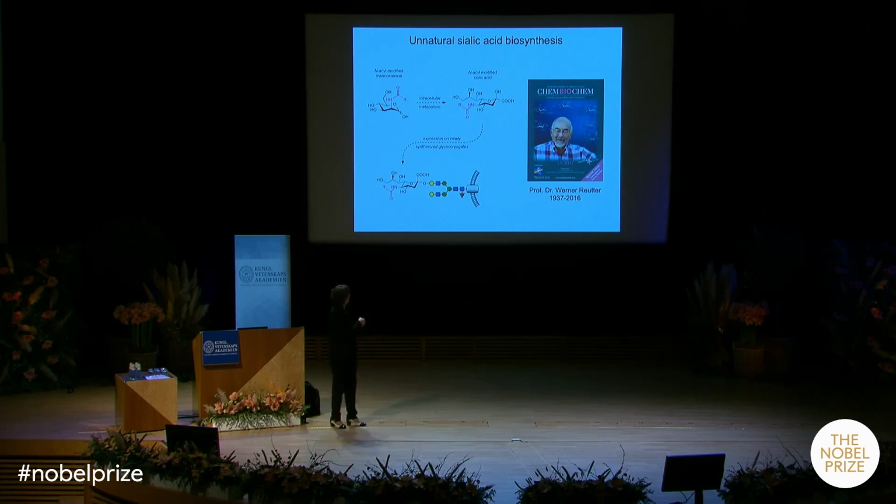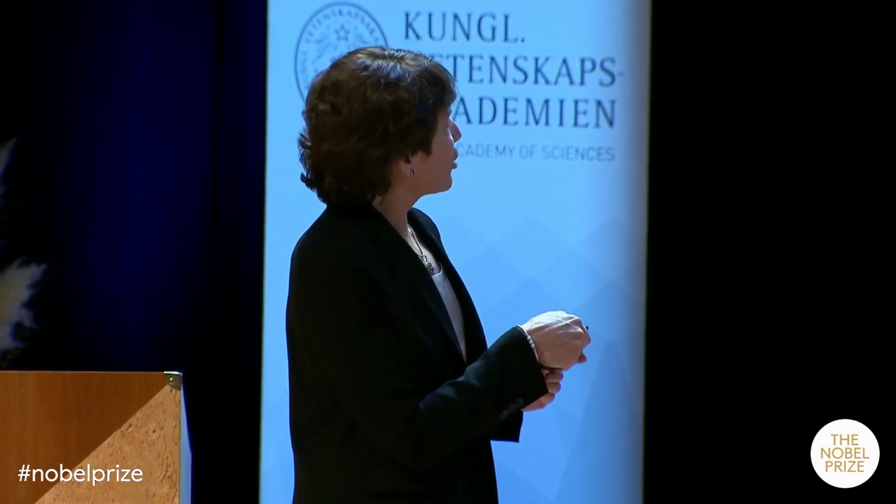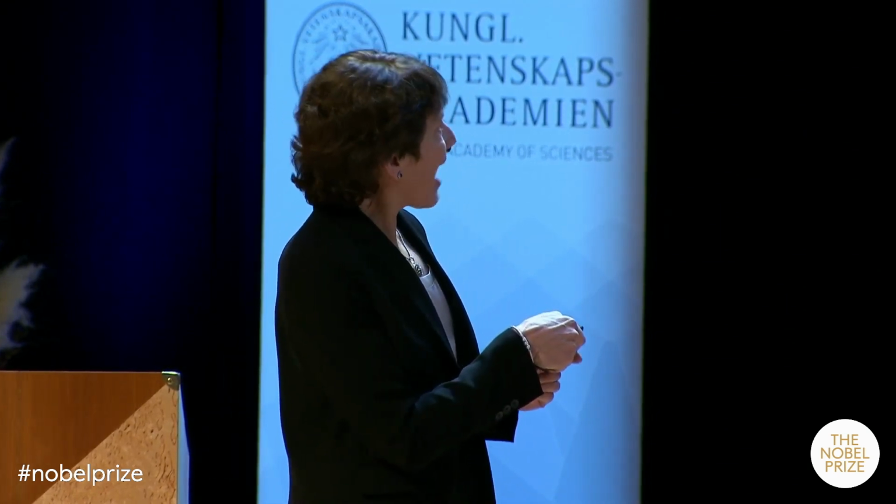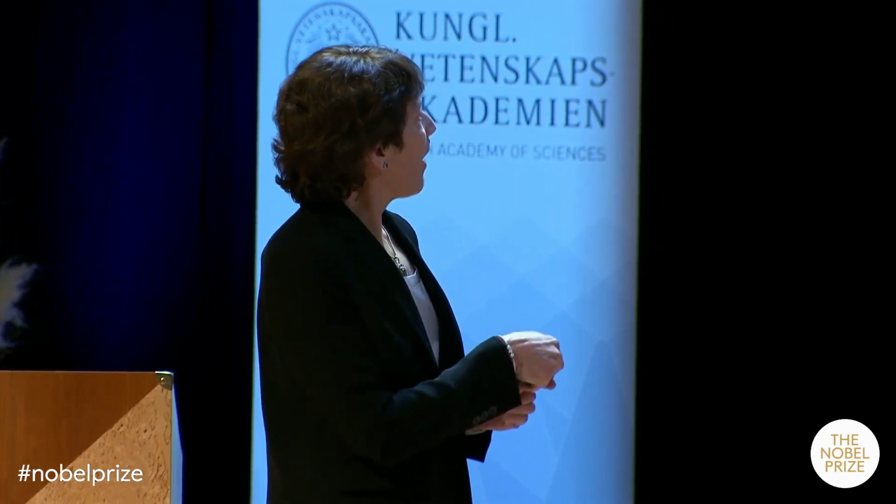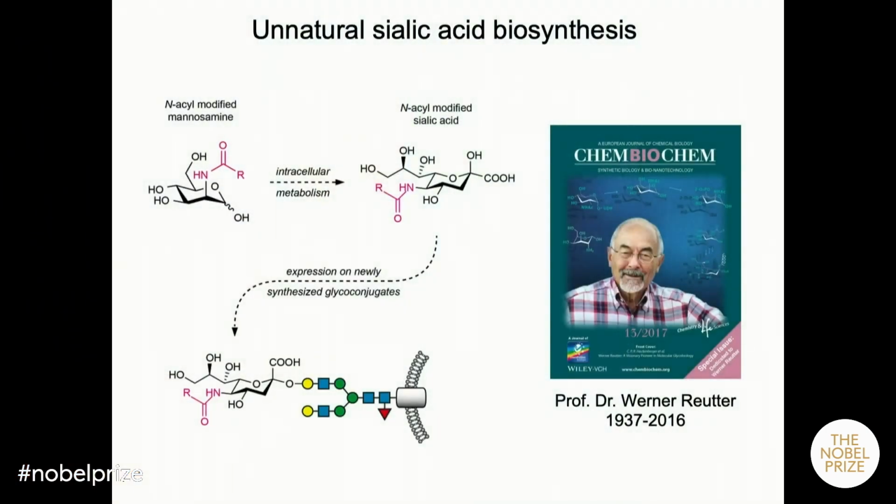And those subtly altered N-acetylmannosamine derivatives would be subject to enzymatic metabolism inside the cell, which led to the production of an altered sialic acid residue, which was then incorporated into the complex carbohydrates on the surface of those cells. So you feed the cell a chemically altered sugar, and they produce a chemically altered sialic acid.